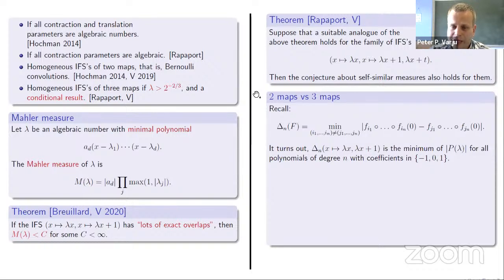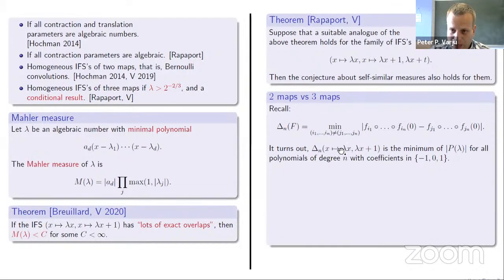Okay, so finally, I wanted to tell you a little bit about the proofs, and in particular, I want to point out what the difference between 2 maps and 3 maps is. So let's recall what was the definition of the level n separation. So you take all n-fold iterations of your maps, and you look at the image of 0, and you look at the minimal distance between these points that you get.